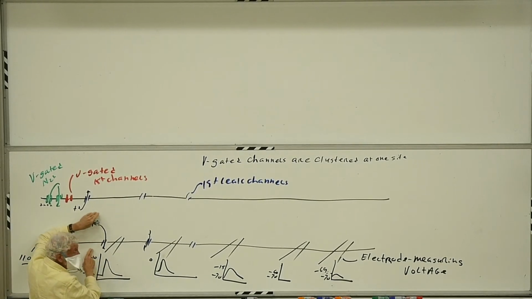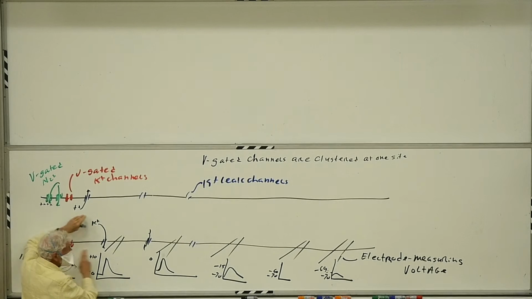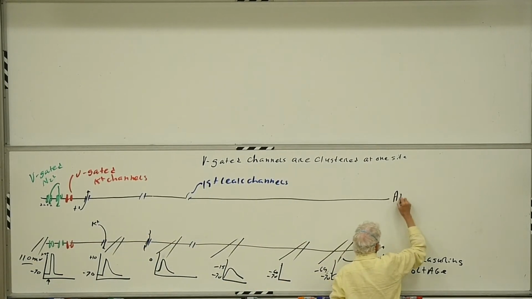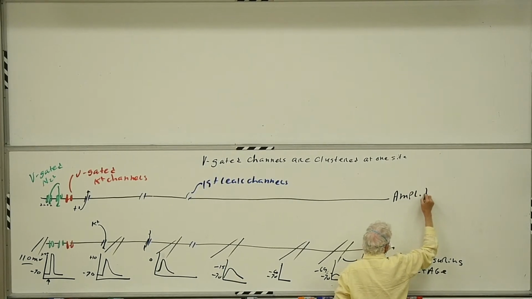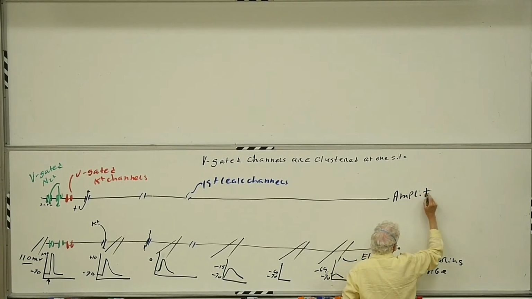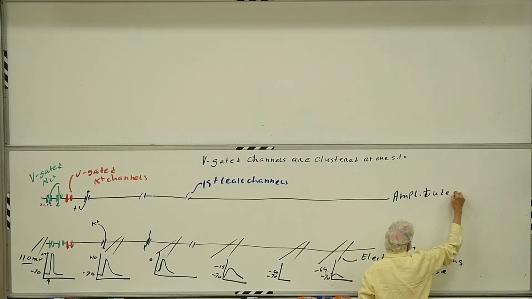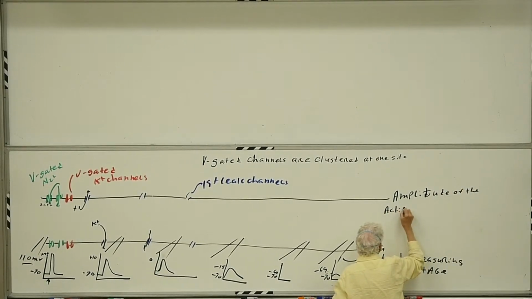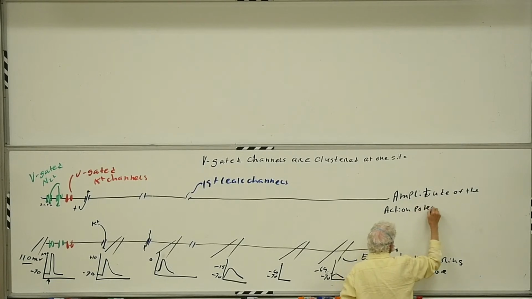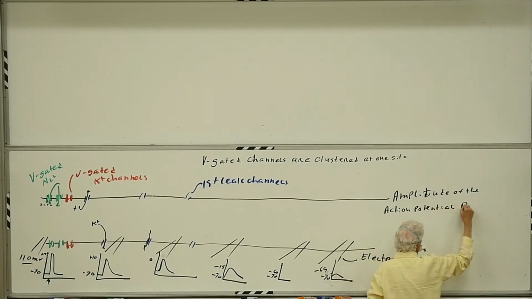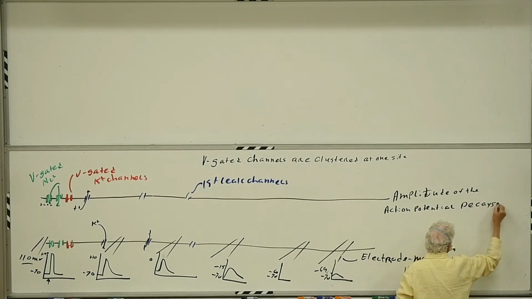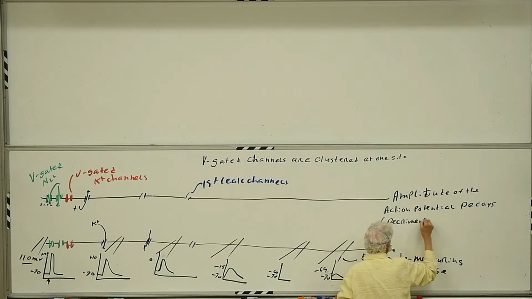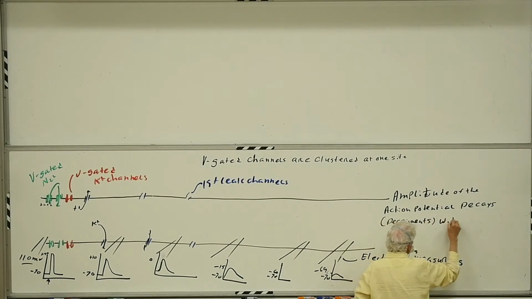So the amplitude of this signal is getting smaller and smaller and smaller. We can say that the amplitude of the action potential decays or decrements with distance.